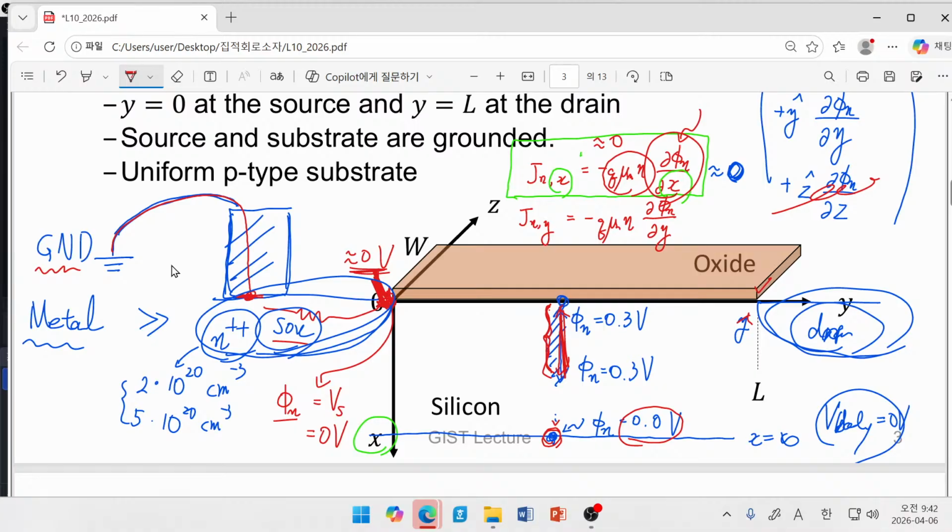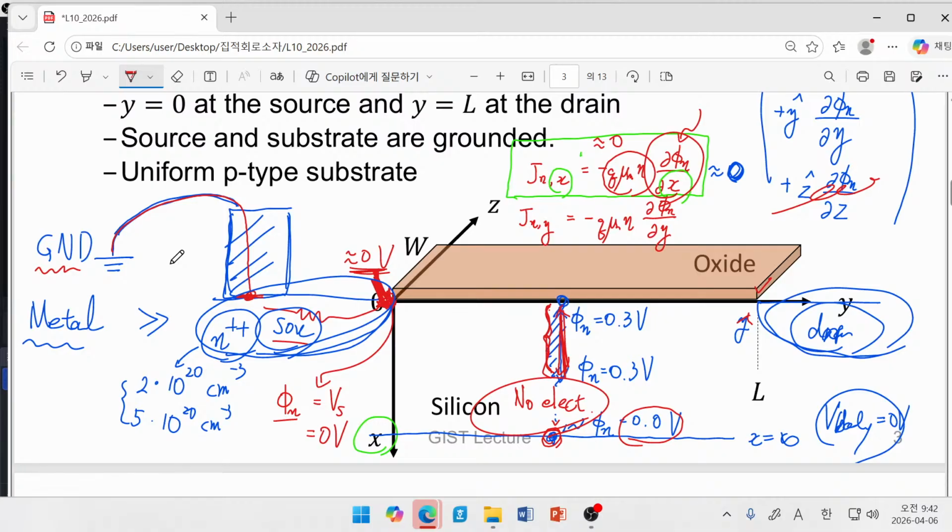It simply means that if you don't have any electron at this point, then it doesn't matter if you have a certain value of electron quasi-Fermi potential. Simply speaking, for an almost no-electron zone, you are allowed to have any variation of your electron quasi-Fermi potential.